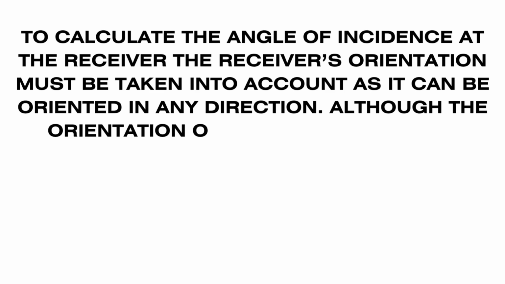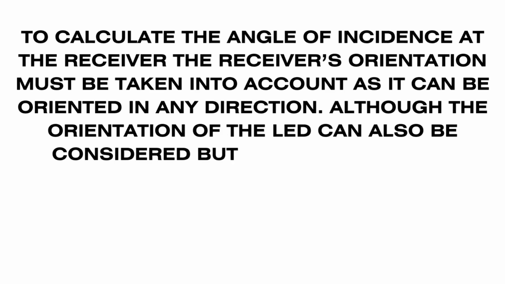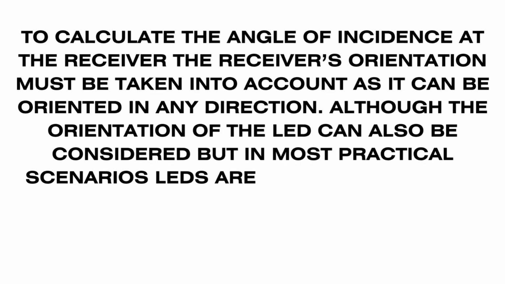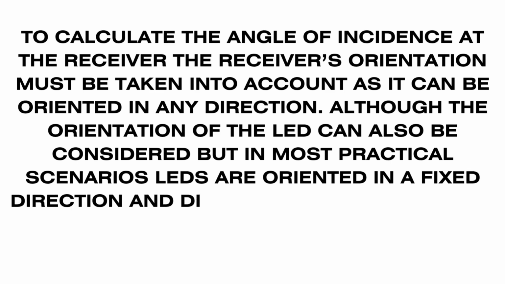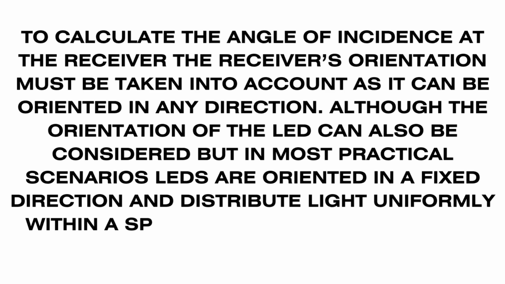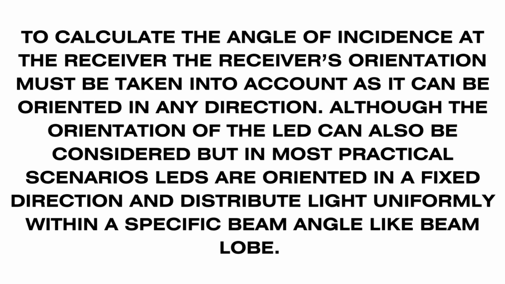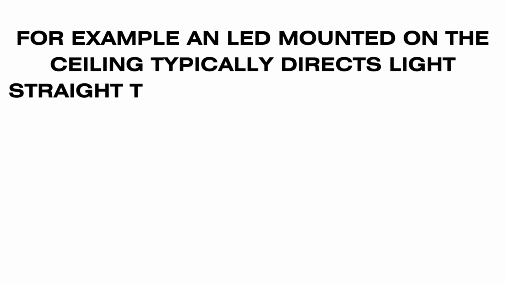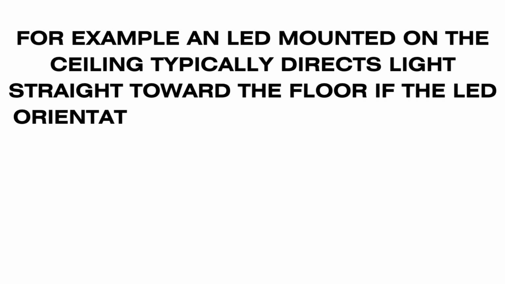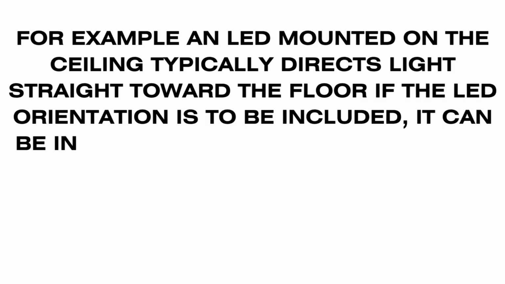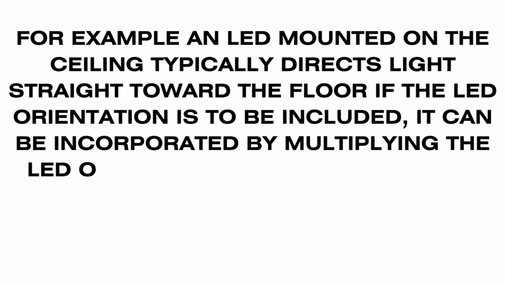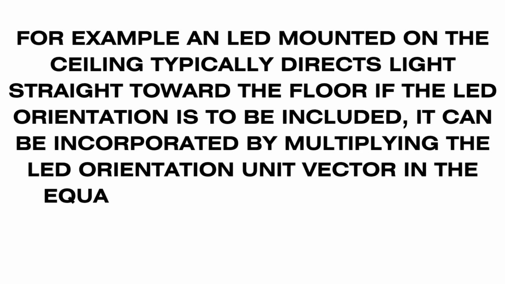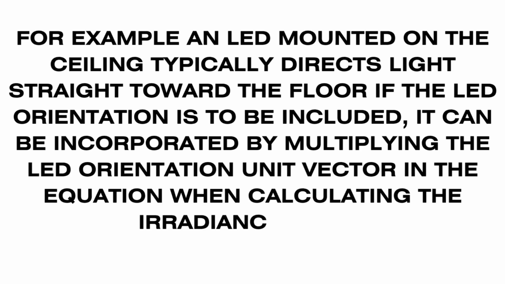Although the orientation of the LED can also be considered, in most practical scenarios LEDs are oriented in a fixed direction and distribute light uniformly within a specific beam angle, like a beam lobe. For example, an LED mounted on the ceiling typically directs light straight toward the floor.